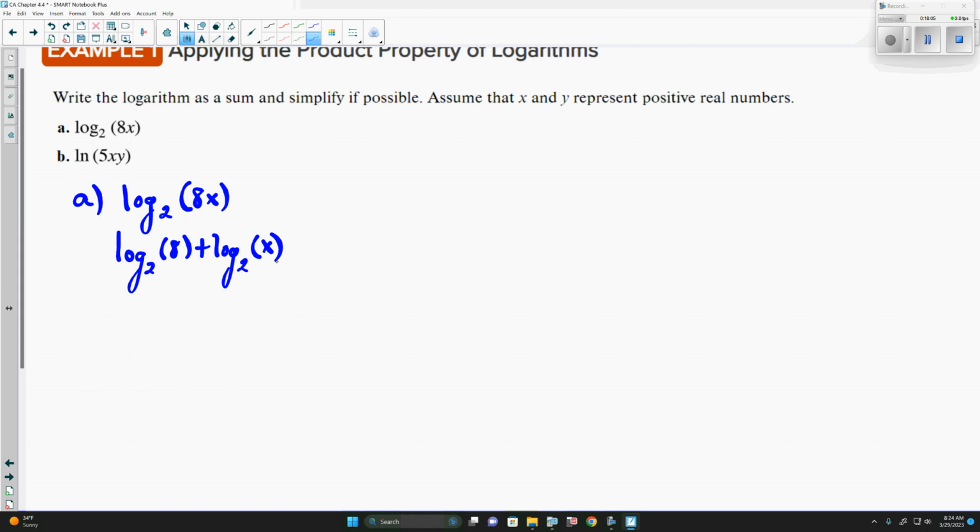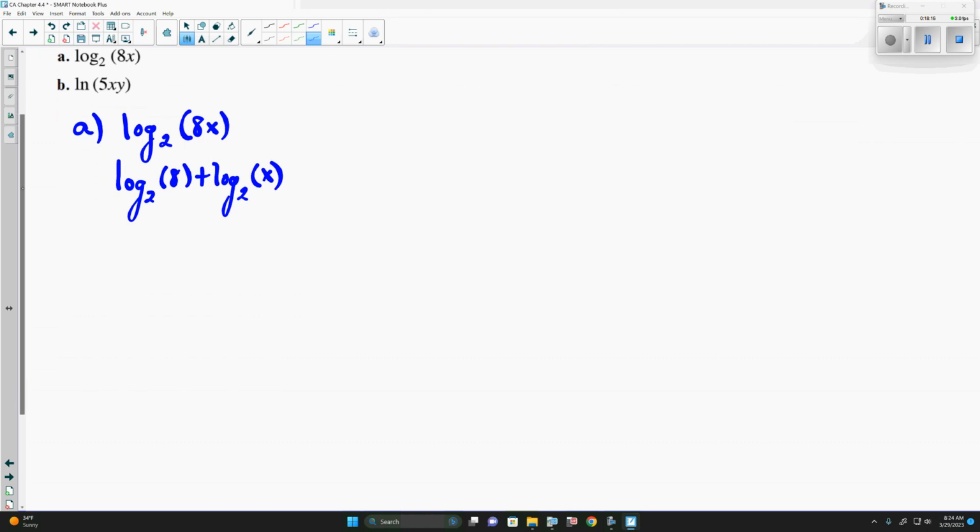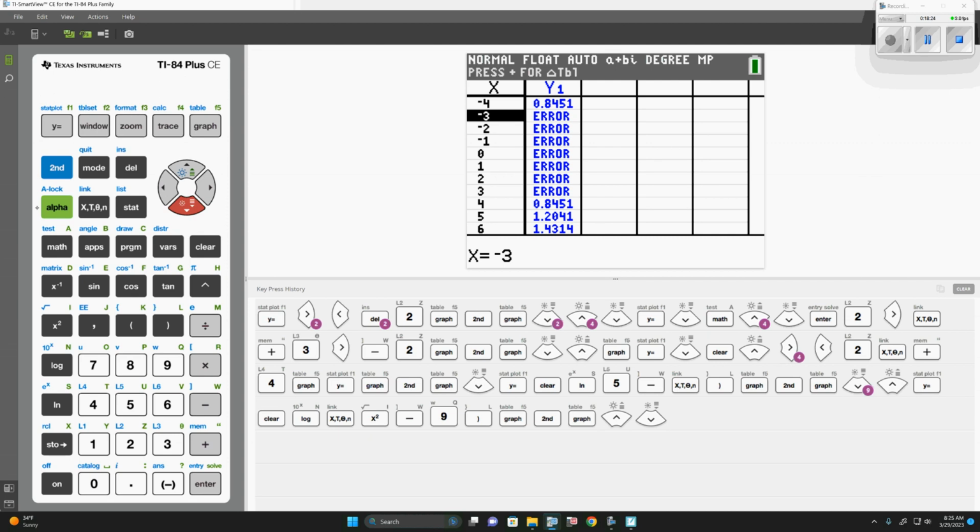So I can rewrite log base 2 of 8x as log base 2 of 8 plus log base 2 of x. Now we can actually simplify log base 2 of 8 because we can do it in the calculator.